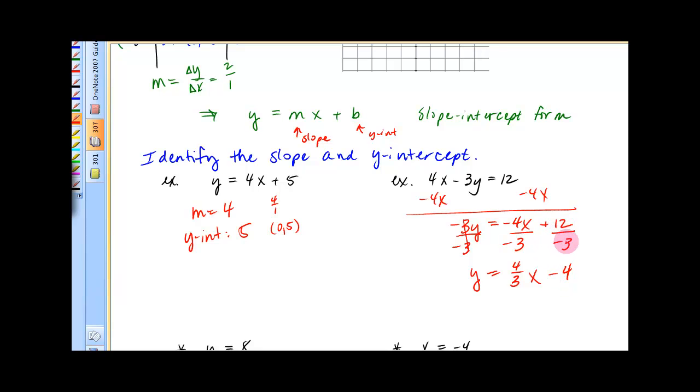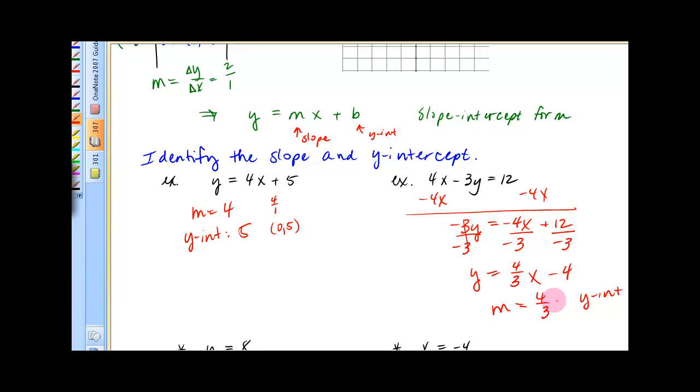So my slope-intercept equation is now y equals 4/3 x minus 4. So from this, I can find that the slope is 4 over 3, and my y-intercept occurs at negative 4.